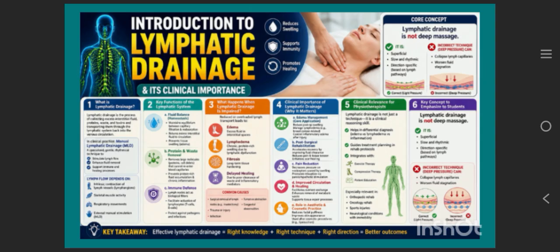So lymphatic drainage is basically a clinical reasoning skill for physiotherapists. They help in differential diagnosis, guide treatment planning, and integrate with exercise therapy, compression therapy and patient education. So, what are the key concepts to emphasize to students?